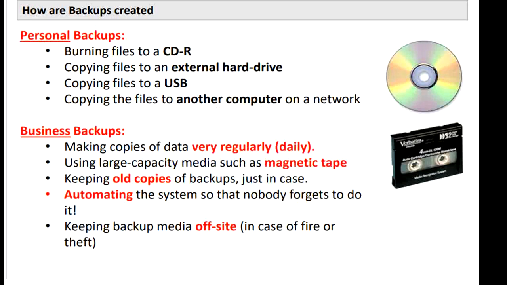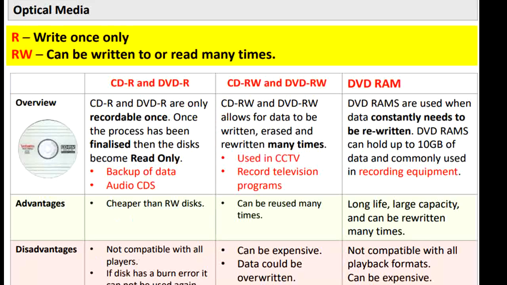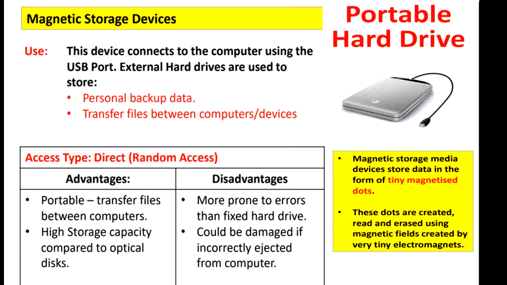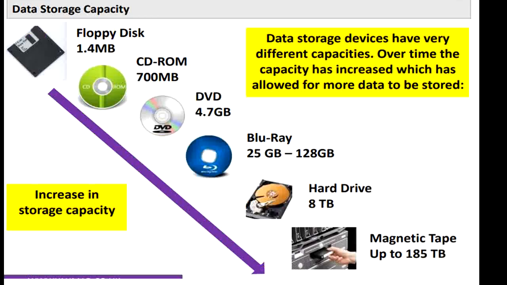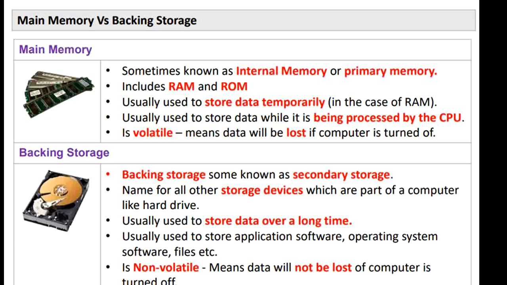Now we're done with the part on storage devices and media. To summarize, what did we take in this chapter? We talked about the meaning of storage devices, and we classified them into main storage devices and secondary storage devices.